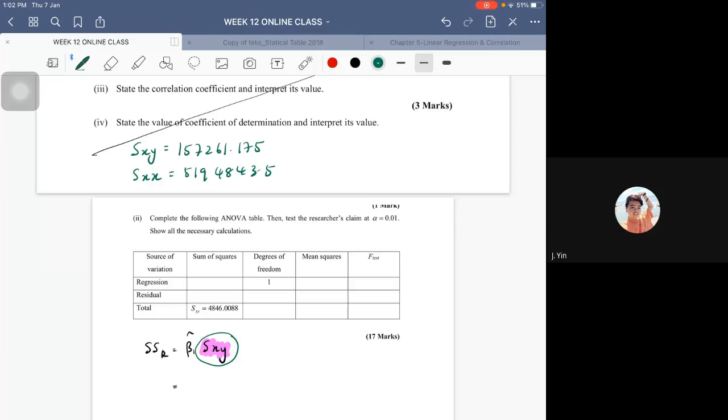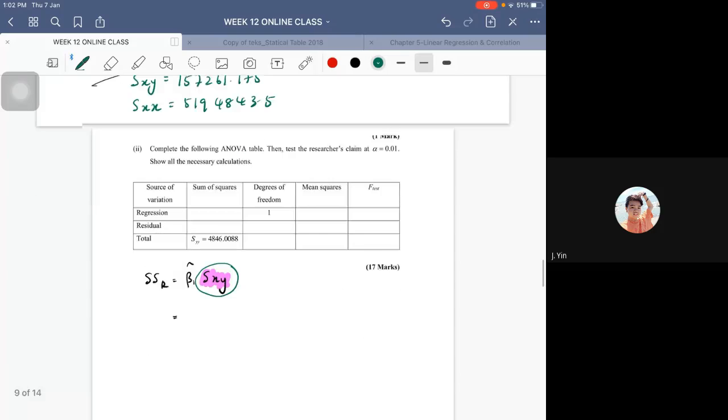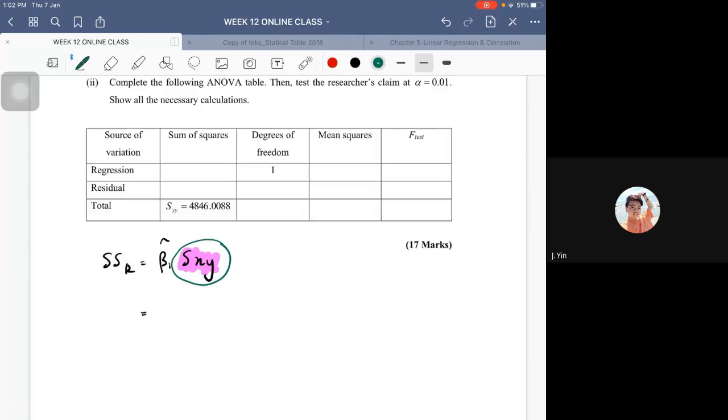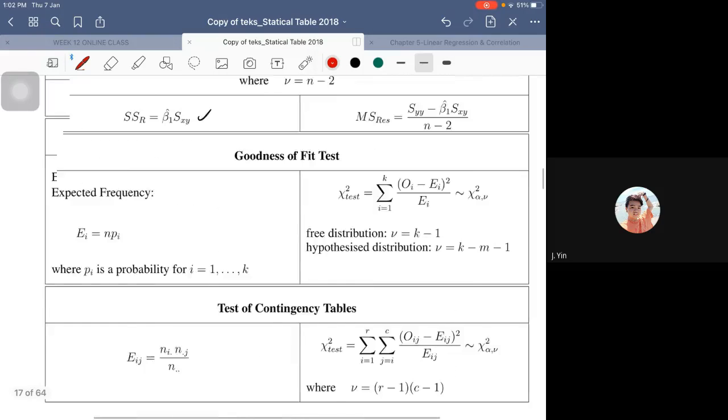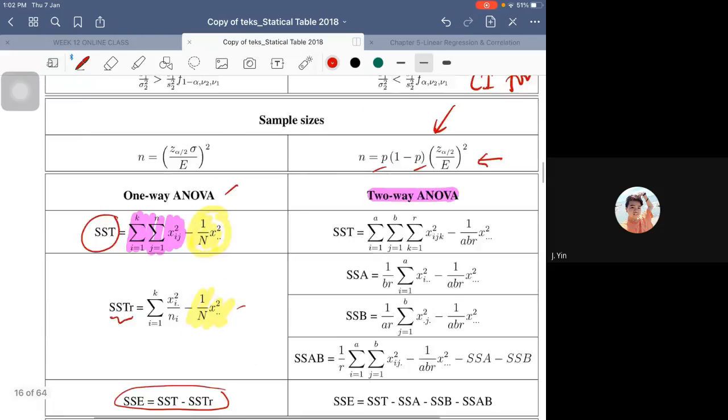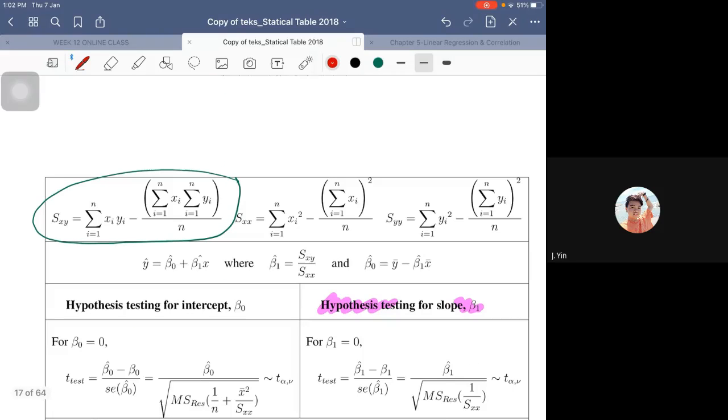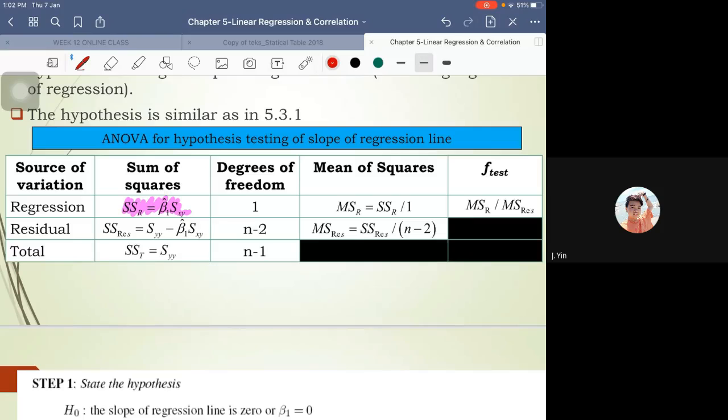So here we need to find SSR, the sum square regression. But first, we also need to find the value of beta 1. What is the formula for beta 1? It's given by Sxy over Sxx.